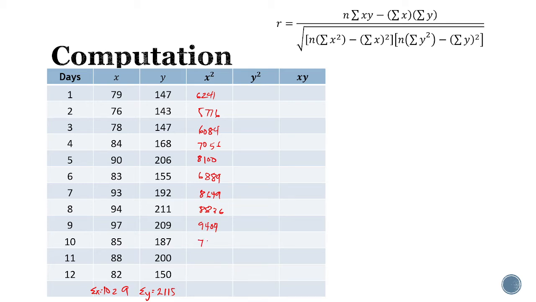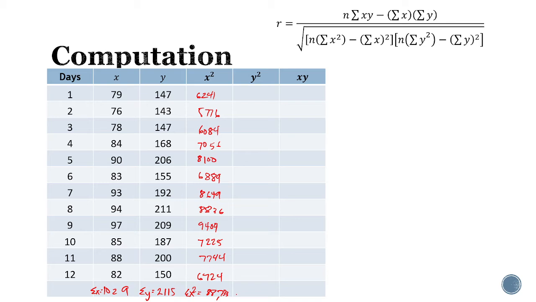We'll have here 7,225. We'll have here 7,744. And we'll have here 6,724. That has a sum of, so yung ating sum of x squared will be equal to 88,733. Okay? And skip na lang tayo dun sa computations.